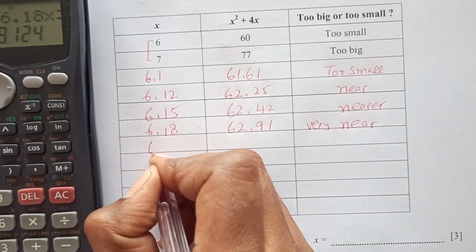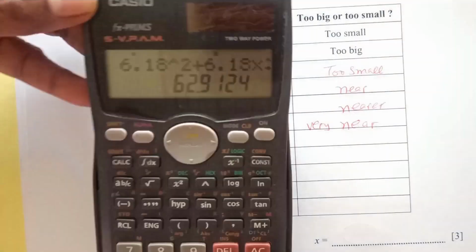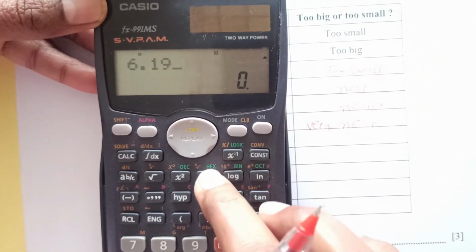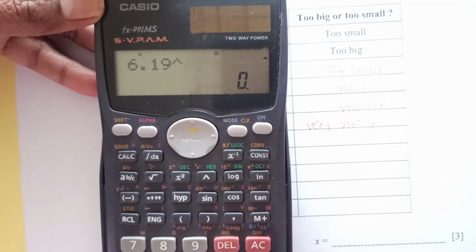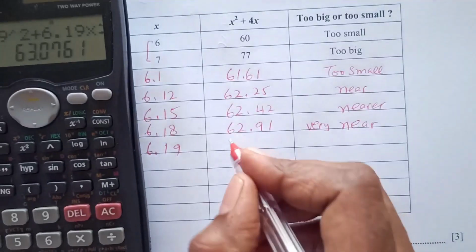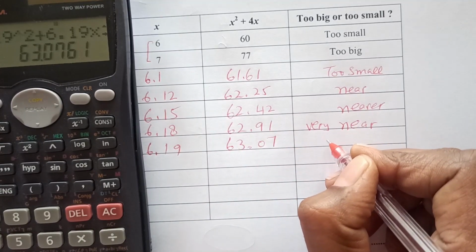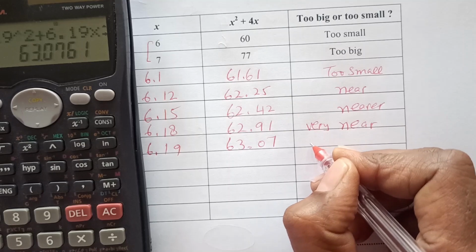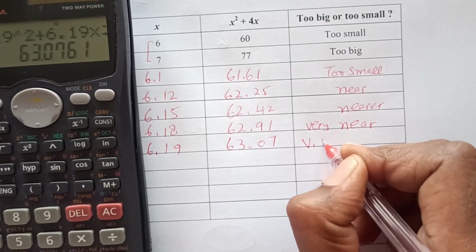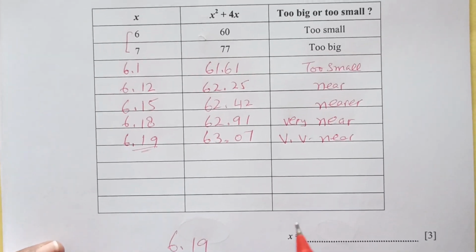So let's see 6.19. 6.19 squared plus 6.19 times 4 is 63.07, which is very near, right? So this can be the answer. So that means 6.19 is the answer.